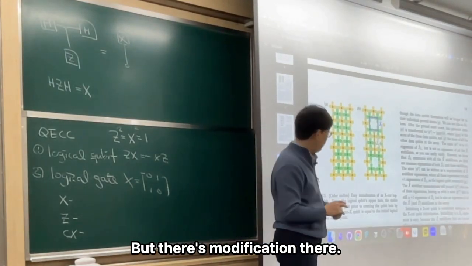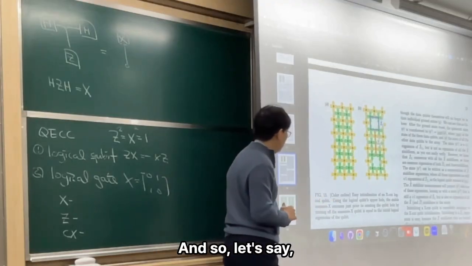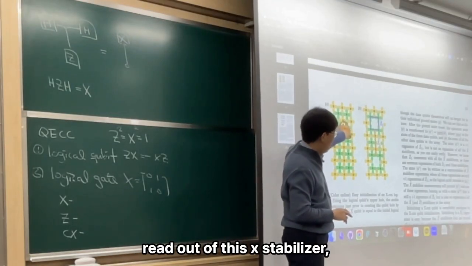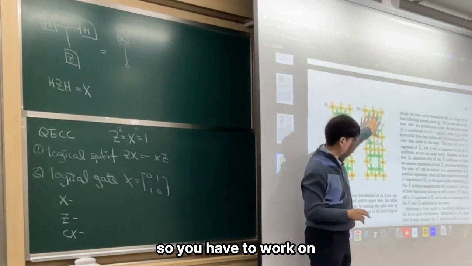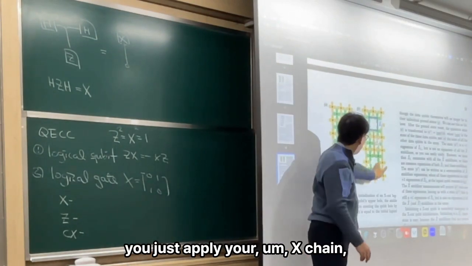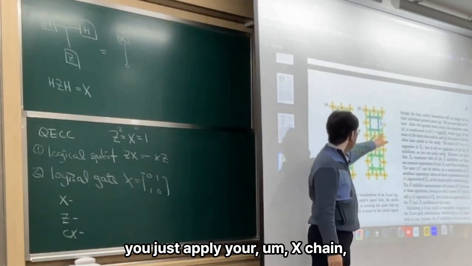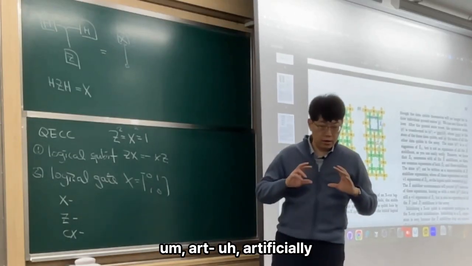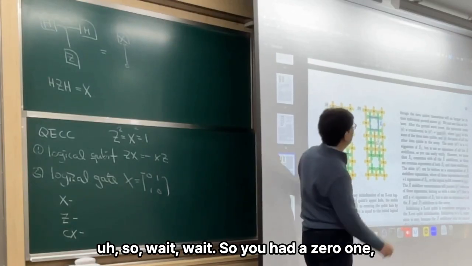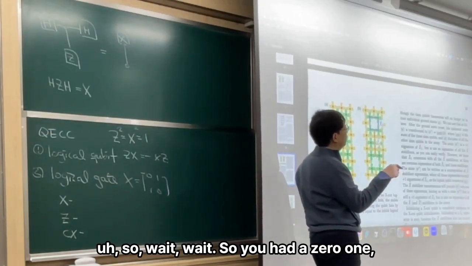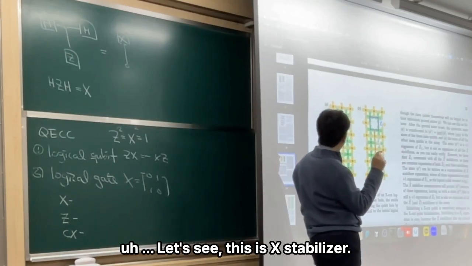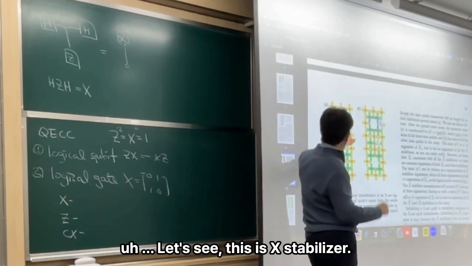But there's a modification. It's not hopeless. So let's say you had a 1 readout of this X stabilizer. So you have to work with the -1 eigenstate. Then you just apply your chain artificially. Wait, so you had a 0, 1. So you have the -1 eigenstate of your, let's see, this is an X stabilizer.